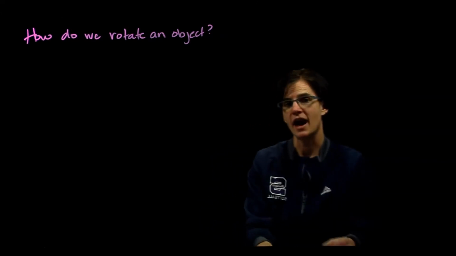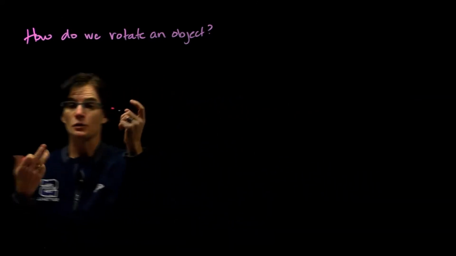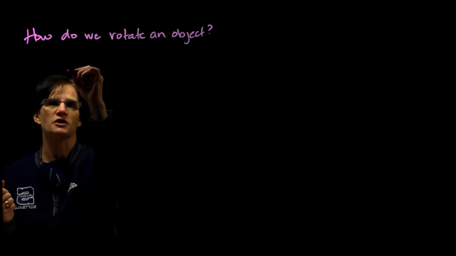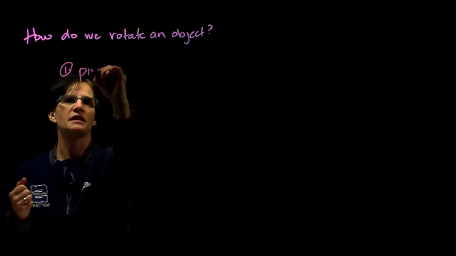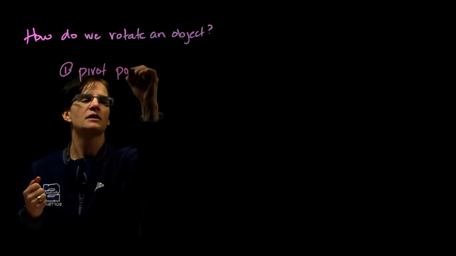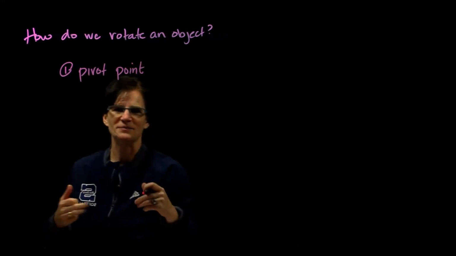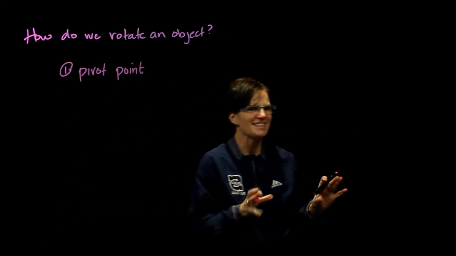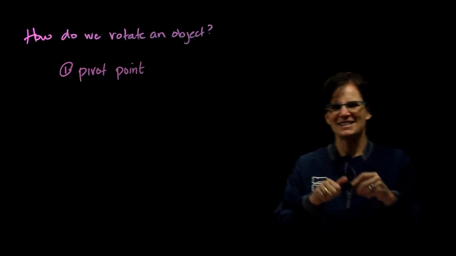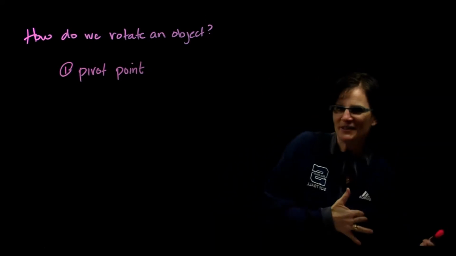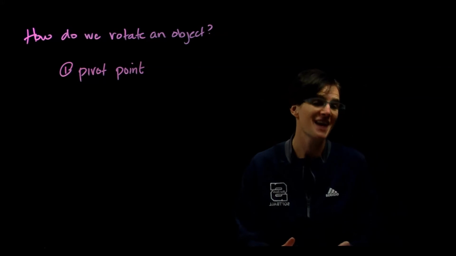And we call that a pivot point. So when we think about rotation, one of the first things we have to think about is what we call the pivot point. And we're going to find in our analysis that that pivot point isn't always where the object actually pivots from. It helps us with an analysis.